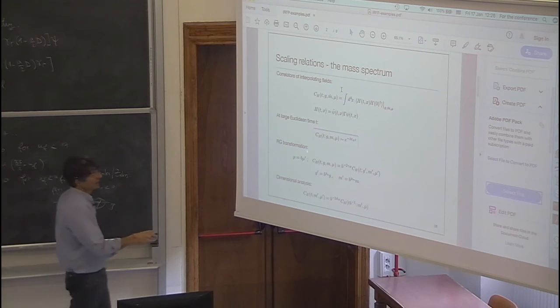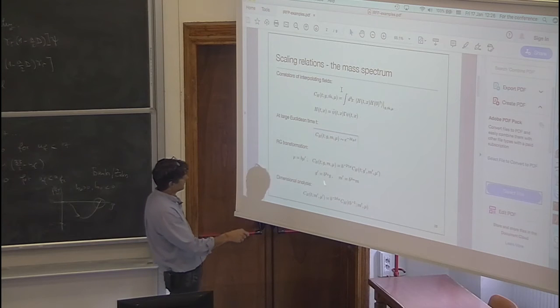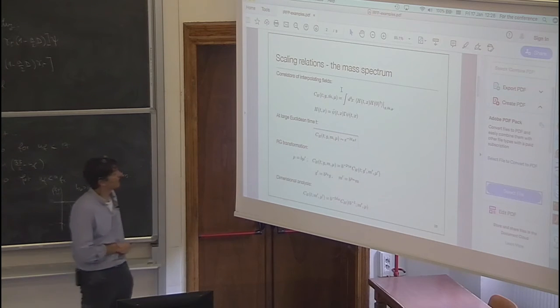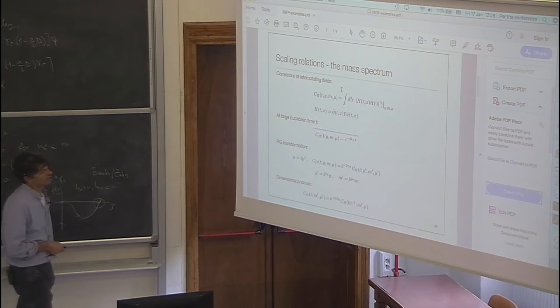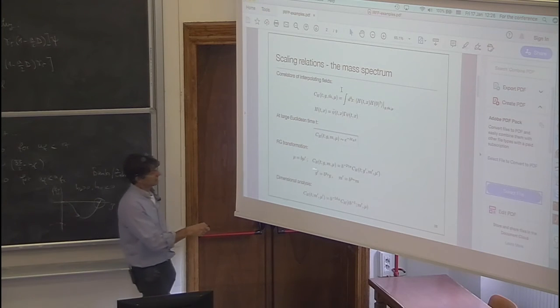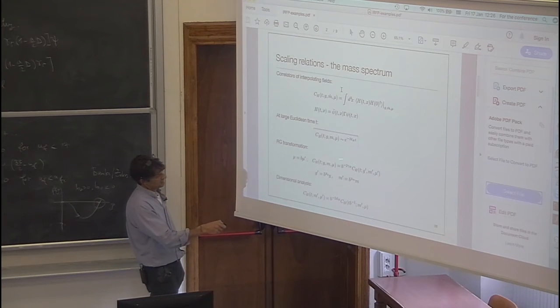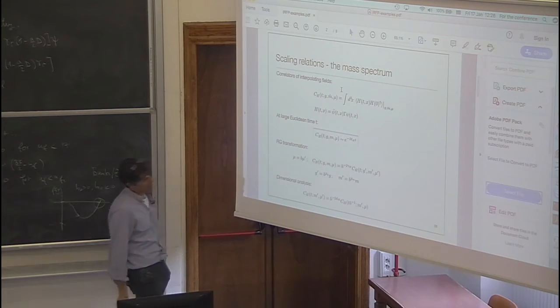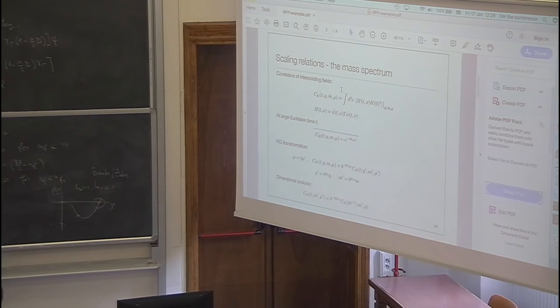So this is stuff that we already introduced on Tuesday. It tells you how the correlator depends on the bare parameters and the cutoff, which here I'm calling mu.